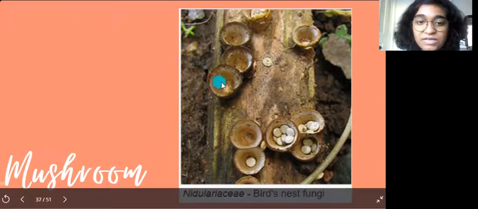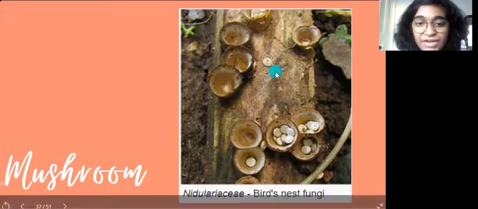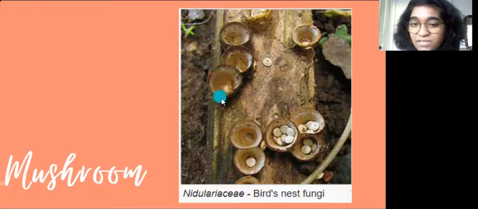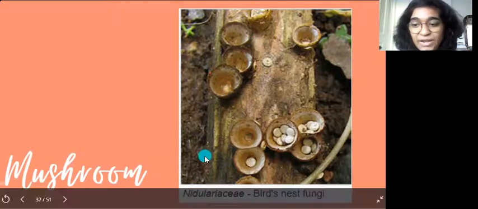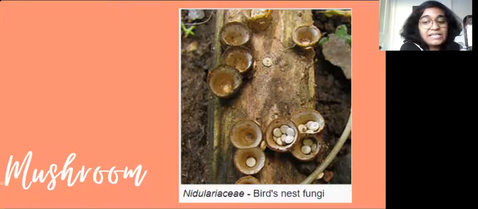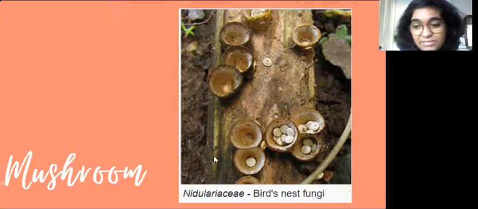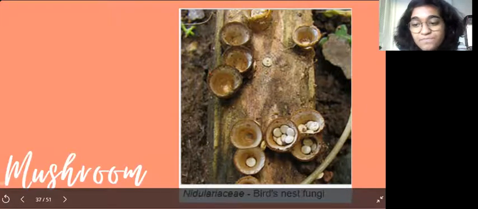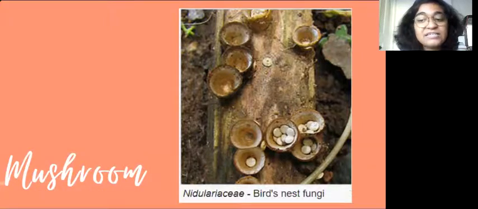So you can see these cups, where the spores have already left, collect raindrops. When a raindrop hits one at the right angle, the walls are shaped such that the eggs are expelled a good distance from the nest. Each egg has a sticky trailing thread attached to it.